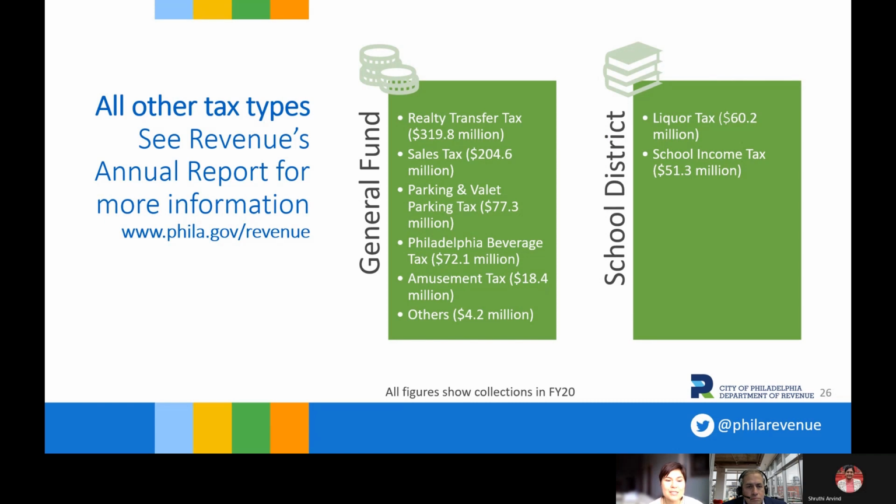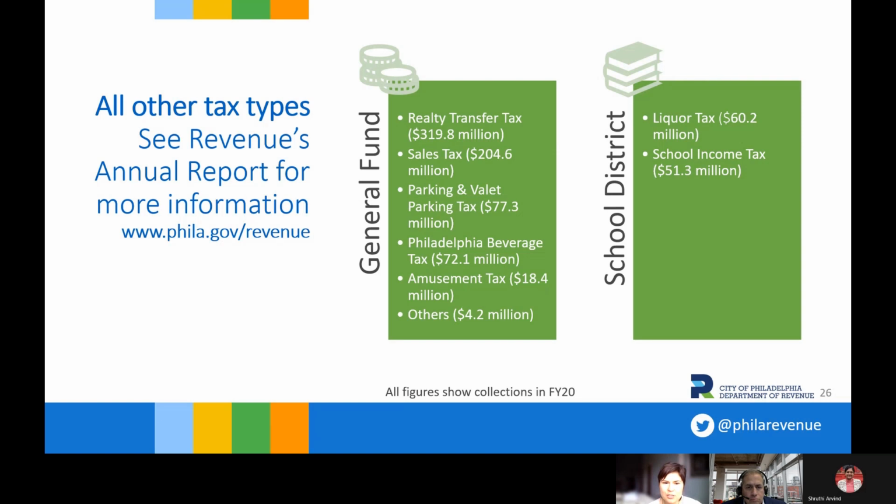And then also things like the beverage tax, which is on ounces of distributed sweetened beverages here in Philadelphia for retail sale. The amusement tax, and then there are a few other odds and ends that bring up the rear at a small but important amount of revenue at $4.2 million.